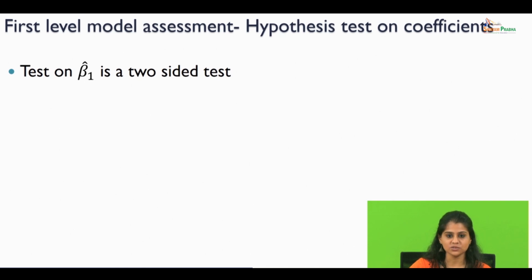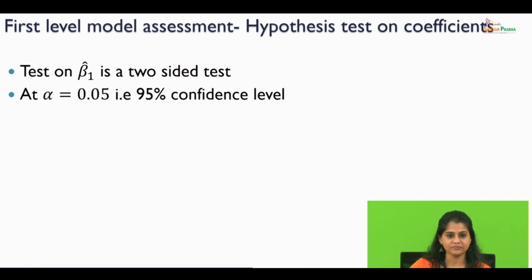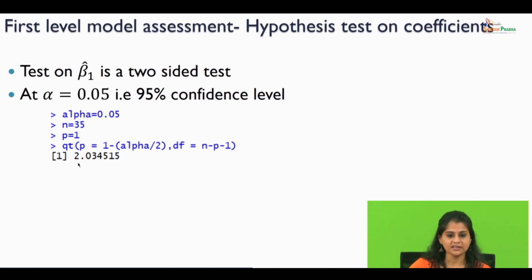This test is a two-sided test, since we see if beta 1 hat is equal to 0 or not equal to 0. At 95% confidence level, that is at alpha equal to 5%, we get the critical value to be 2.0345. Now let's see how to compute this critical value. So we know that alpha is equal to 0.05 and n here is the number of observations in your data.